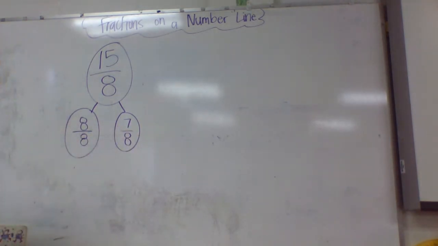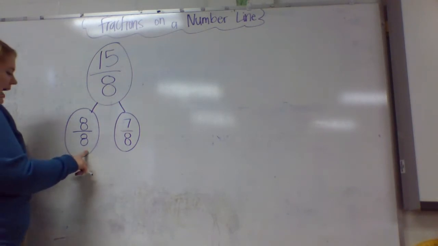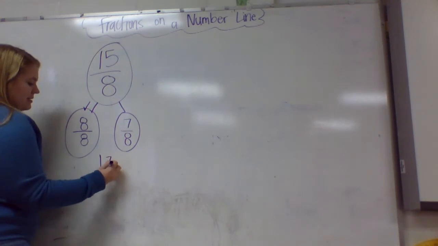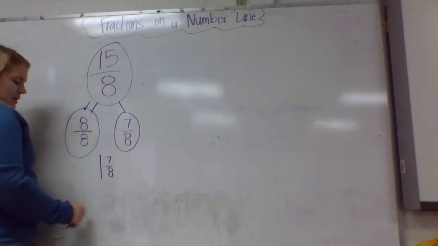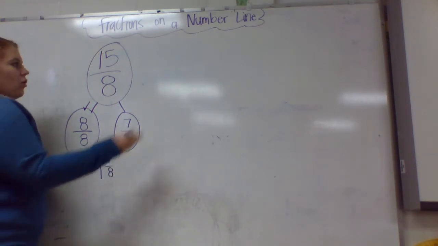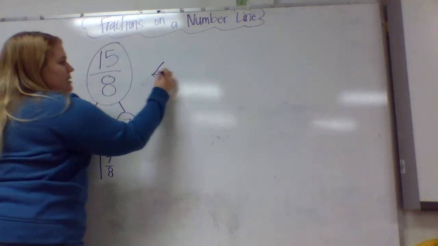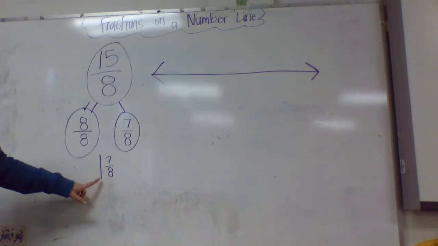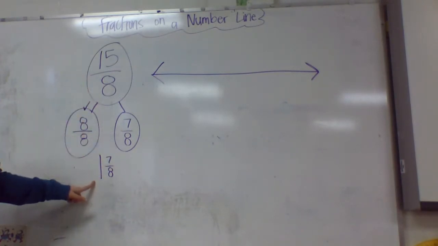So when I rewrite this number as a mixed number, I have 1 whole, 1 group of 8/8, and 7/8 left. That lets me know that my endpoints are not going to be 0 and 1 because this number is worth more than 1.